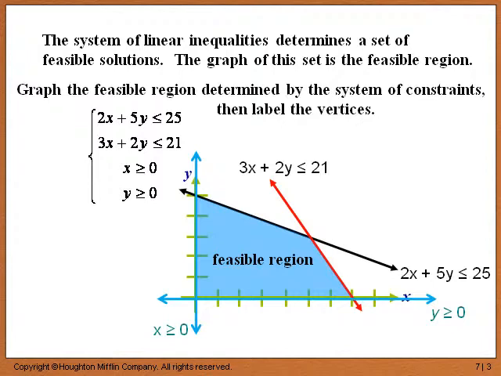That's graphed in red. And our feasible region is that light blue shaded area. And that is the shaded area that's common to all four of these linear inequalities. Therefore, any ordered pair within the feasible region is a valid solution to this system.